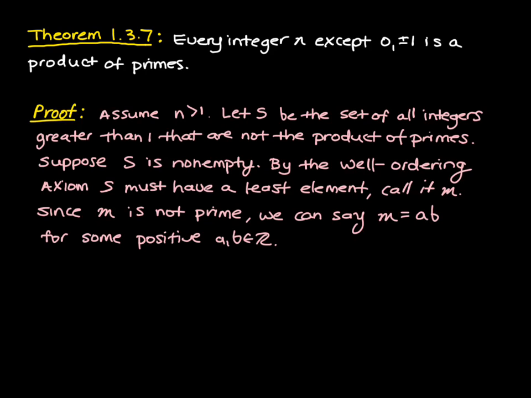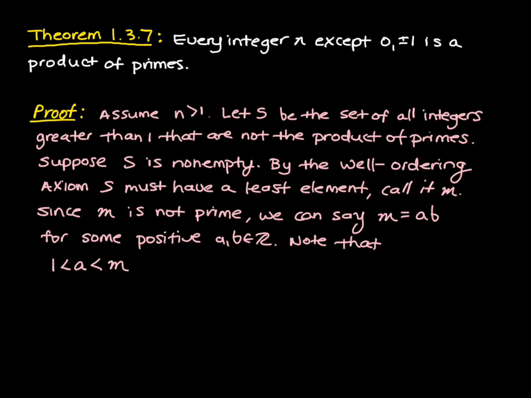And what do we know? We know that M is the smallest element of S. So what can we say about A and B in relation to M? In particular, they both have to be strictly greater than 1 and strictly less than M. Actually, I misspoke.